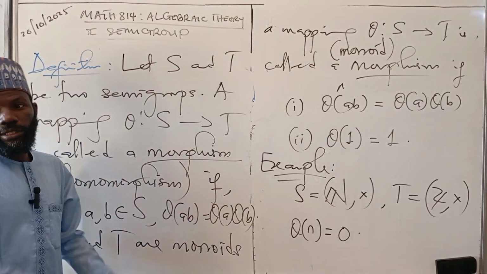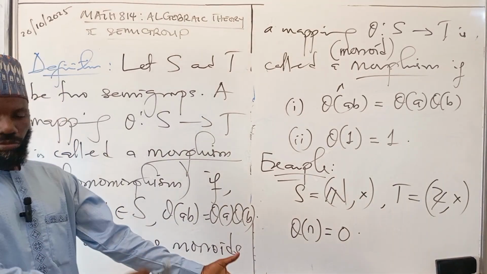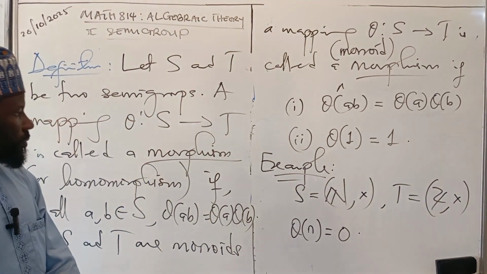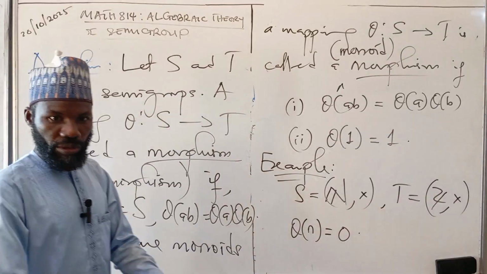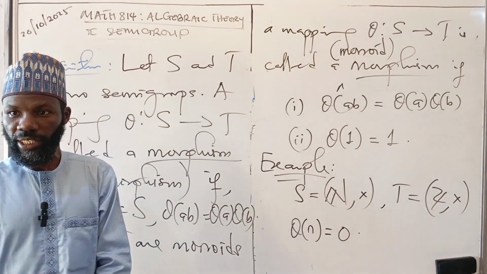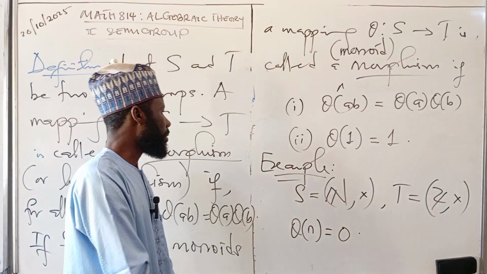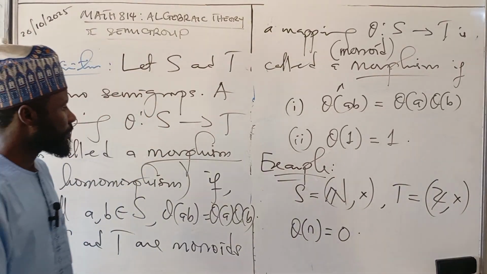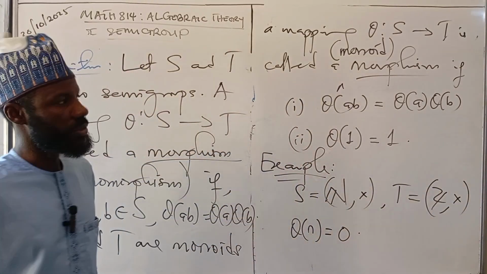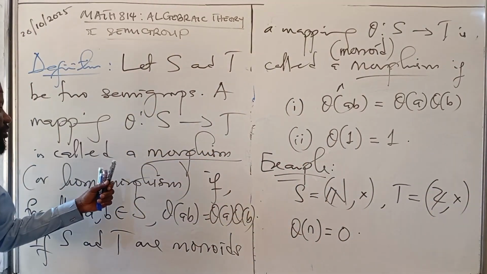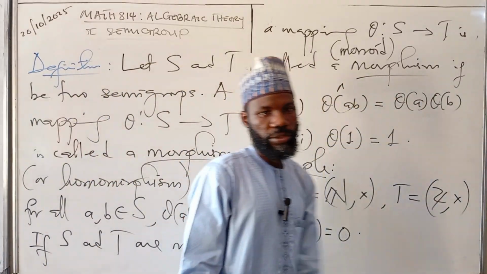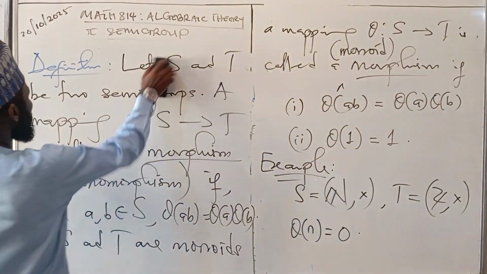In fact, you don't even have inverses in semigroup. But then there will be semigroups with inverses. We are coming to that. So even if a semigroup is with inverses, the preservation of inverses may not be automatic for homomorphisms, or morphisms. So that is why we are calling them morphisms. So you have to always distinguish between semigroup morphisms and monoid morphisms.